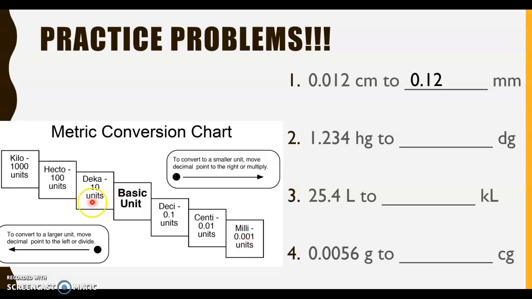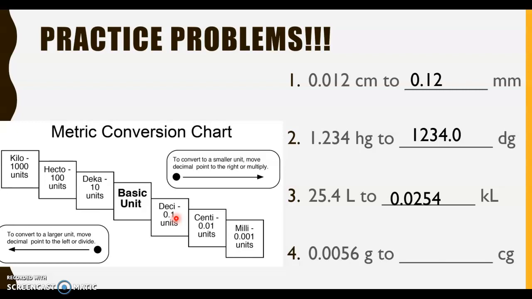To go from hecto to deca, again, just one, no, not deca, deci, because that's little d, small d, all right? So you're going to go 3 places over. 1, 2, 3.